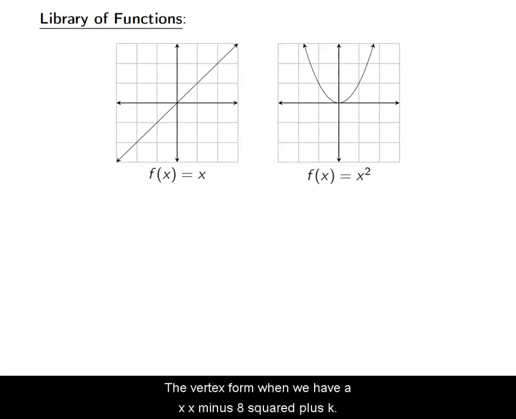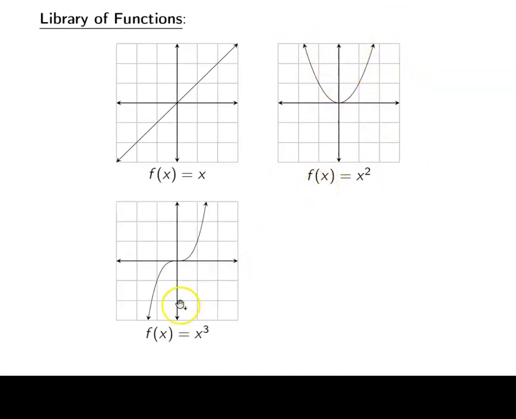Where we have a times x minus h squared plus k would be the same thing as ax squared plus bx plus c, but in a form where it's very easy to see what the up and down shifts are, the left and right, and how wide or thin we have to compress the parabola. So the basic function, the parent function of a quadratic, is x squared, okay?